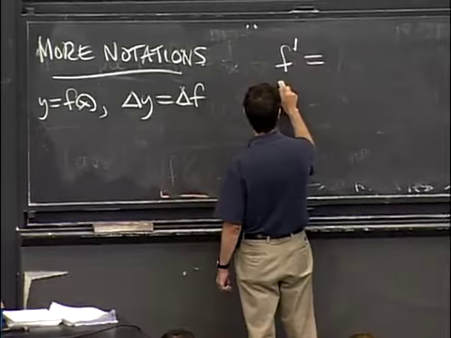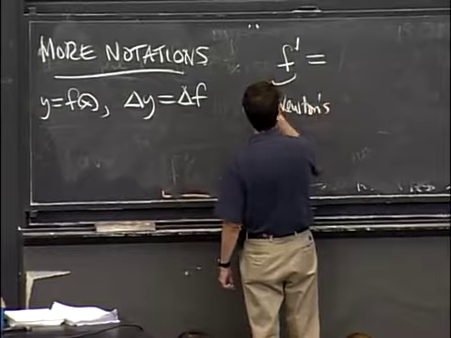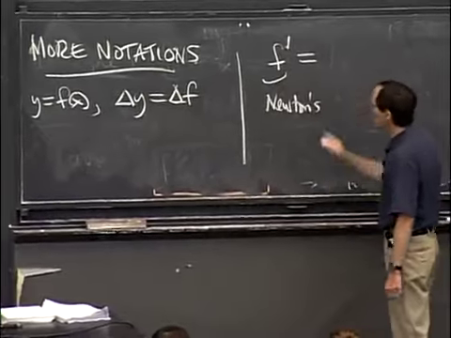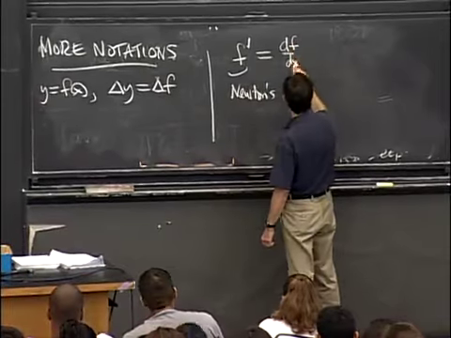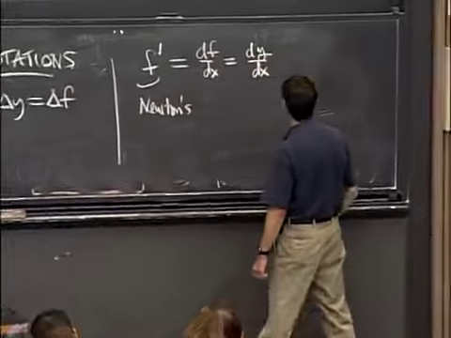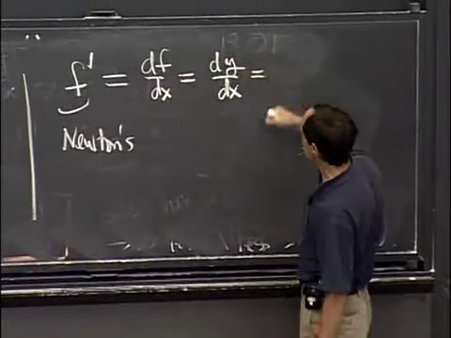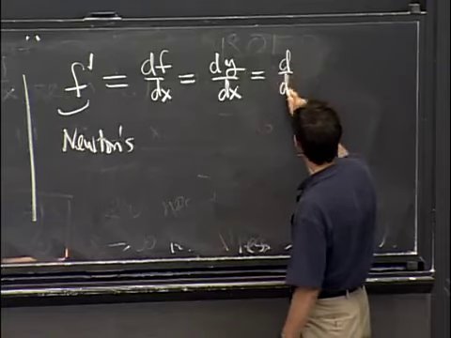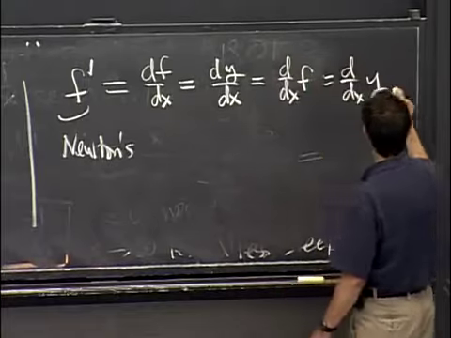So this is Newton's notation for the derivative. Okay? But there are other notations, and one of them is df dx, and another one is dy dx, meaning exactly the same thing. And sometimes we let the function slip down below, so that becomes d by dx of f, or d by dx of y.